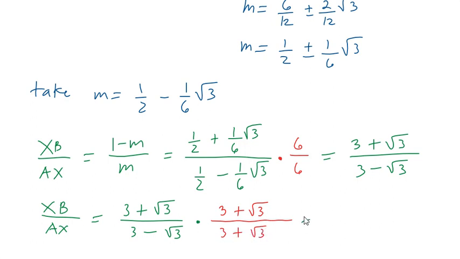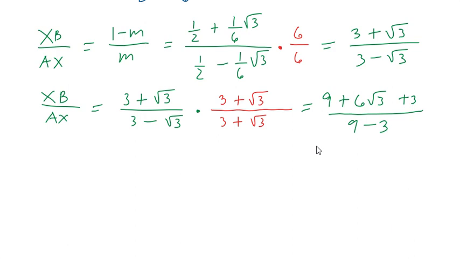So if we expand this one, we will have 9 plus 6 square root of 3 plus 3 divided by 9 minus 3. Okay, so let's simplify this further.